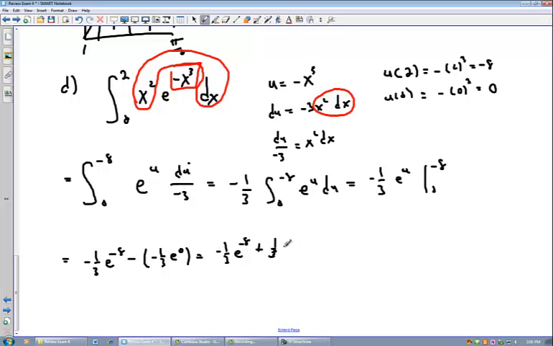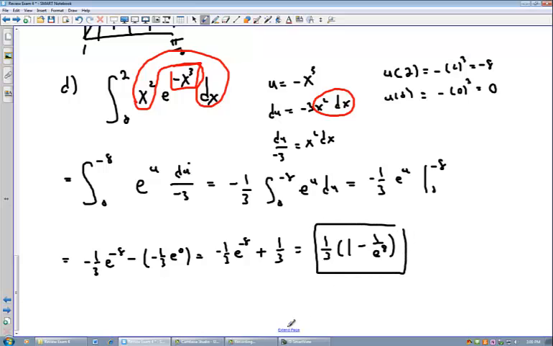Let me clean that up because it's hard to see what I just wrote there. So plus 1/3. And so that's equal to 1/3 times 1 minus 1 over e to the 8. So that's probably how I would write my answer.